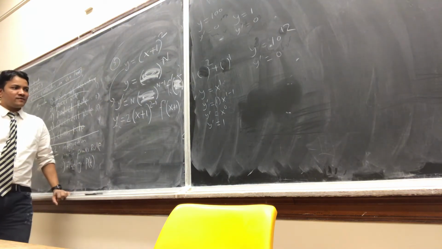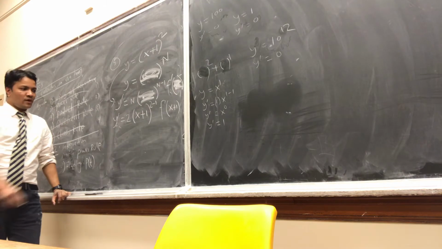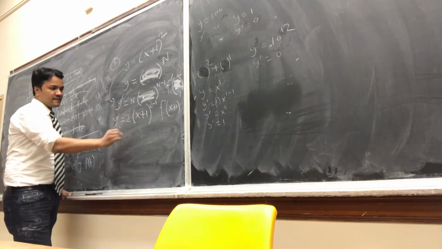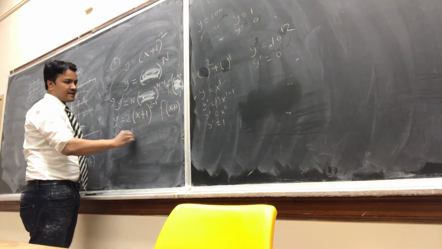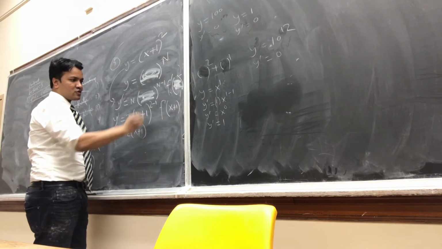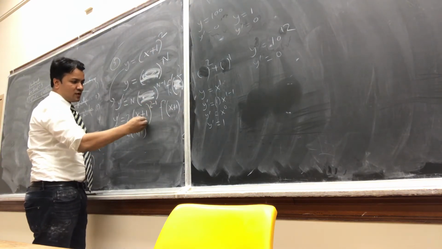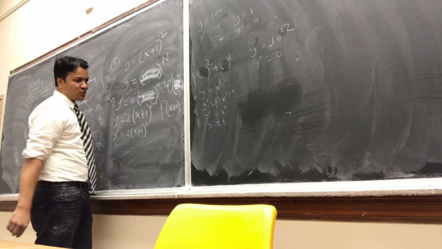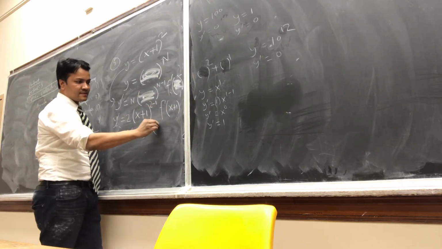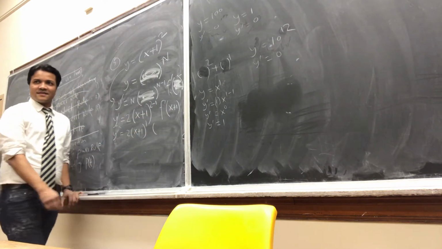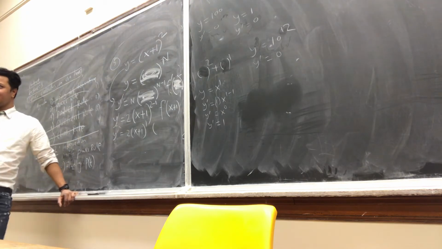What am I going to do now? Y prime is 2 times x plus 1 to the power 2 minus 1, which is just x plus 1, times f prime of x plus 1. The derivative of x plus 1 is 1.